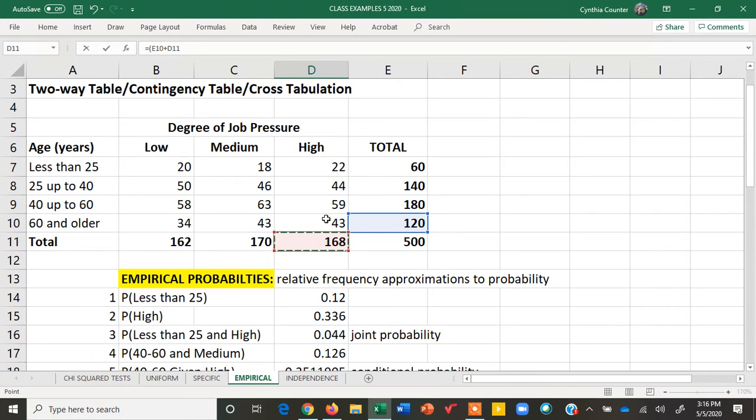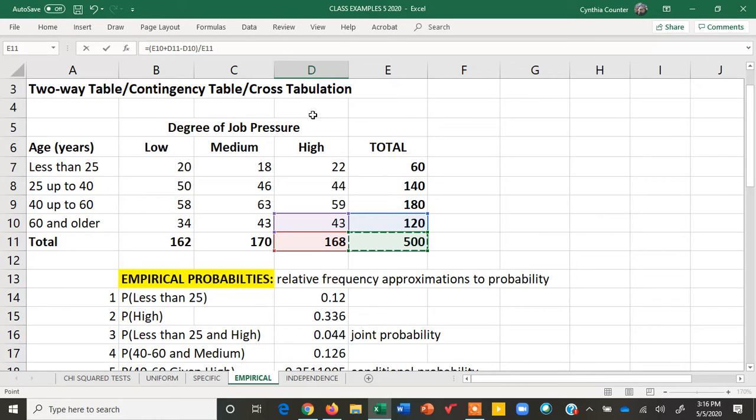This 43 was included in the 120. This 43 was also included in the 168. So we have double counted the 43. Therefore, we need to subtract it out. So I'm going to subtract the 43. Now I can close the parenthesis, and divide by the grand total.